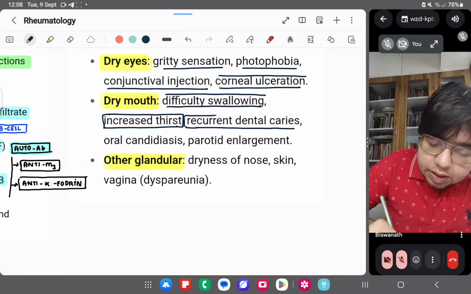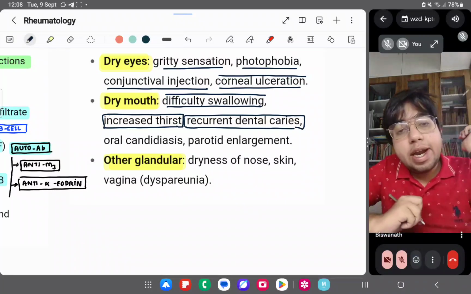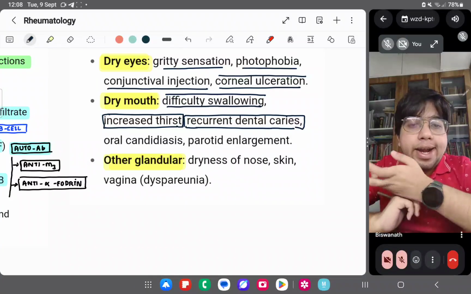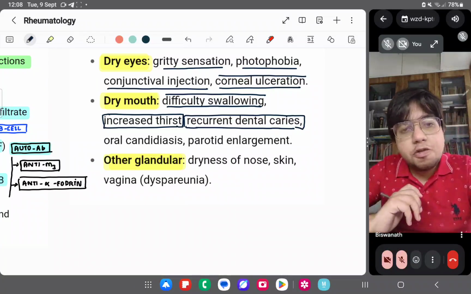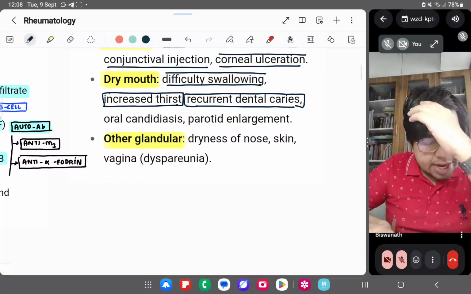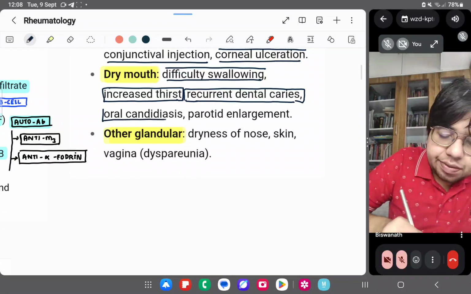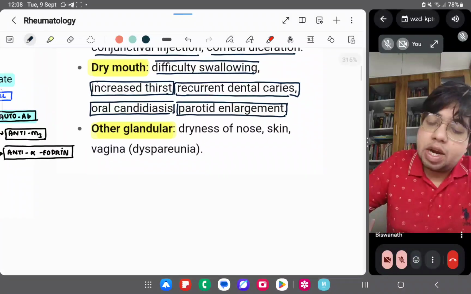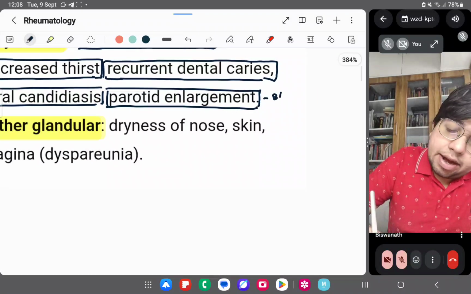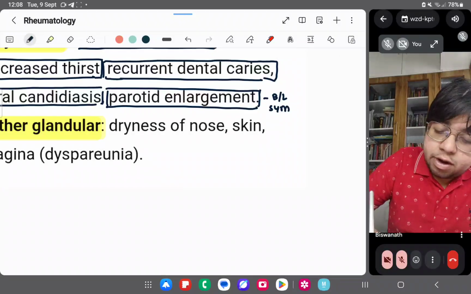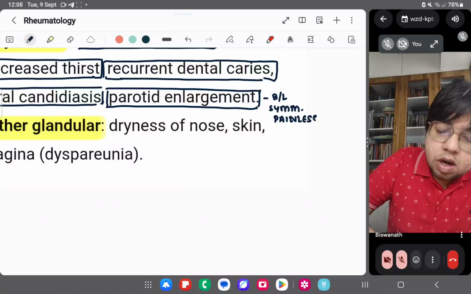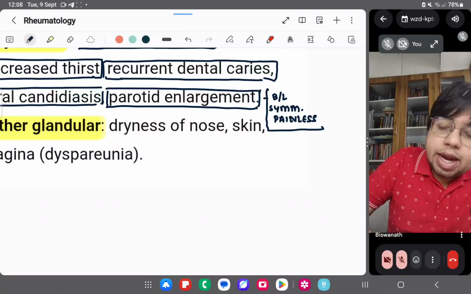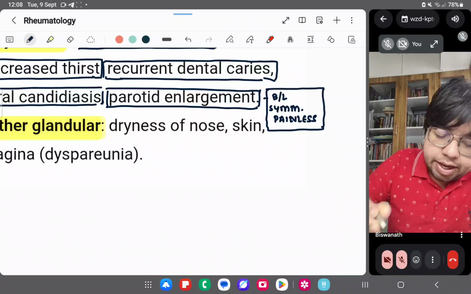If a person is coming with recurrent dental caries and dryness, then you can think along the lines of Sjogren, right? Oral candidiasis or oral thrush. And I told you that we have a parotid enlargement, which is bilateral, symmetrical, and painless.